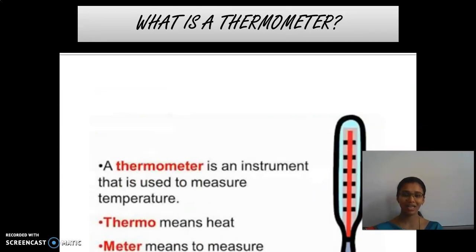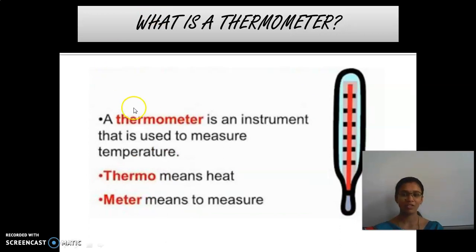A thermometer is nothing but an instrument which is used to measure the temperature. And what does the word mean? Thermo means heat, and meter means to measure.